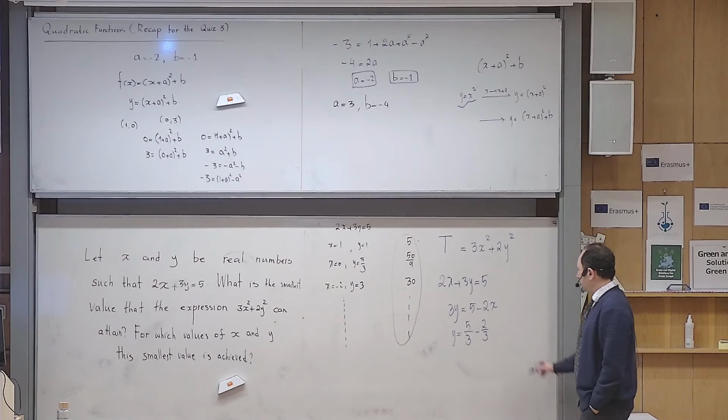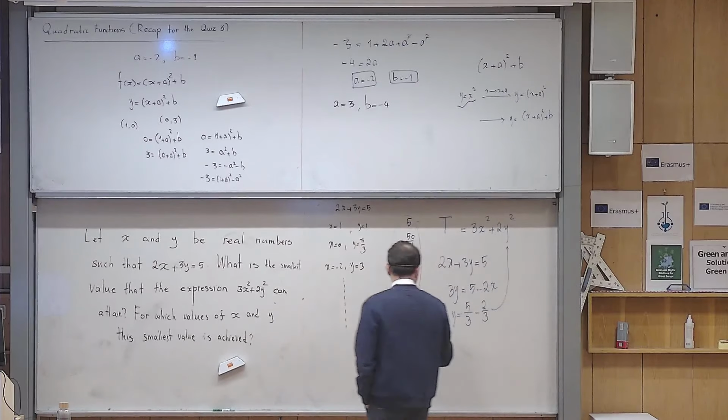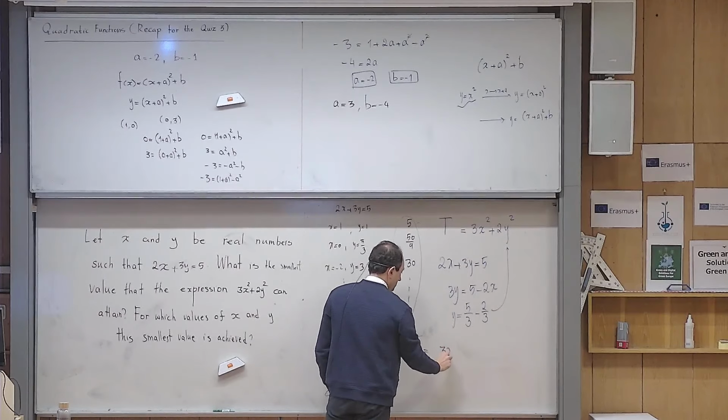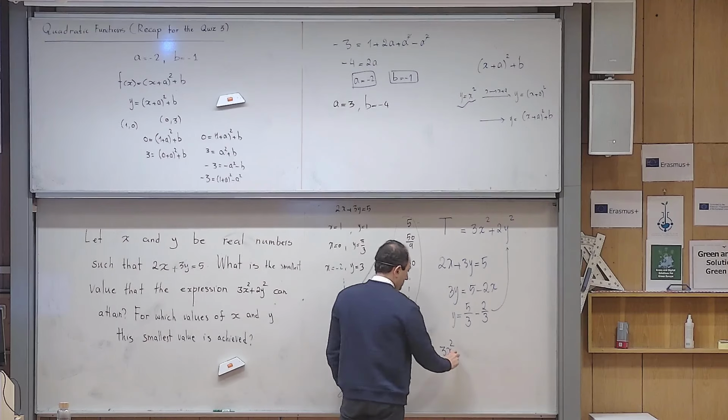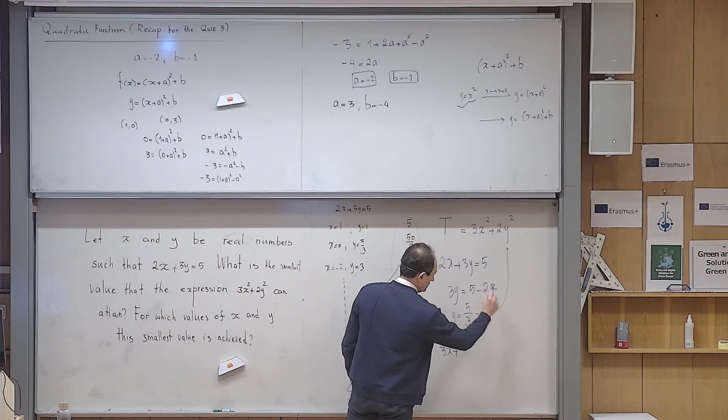Okay, and then I put it back to this equation. So what happens? The target is equal to 3x squared, yes, plus, I forgot something, yes, there is an x here, I forgot to write the x.